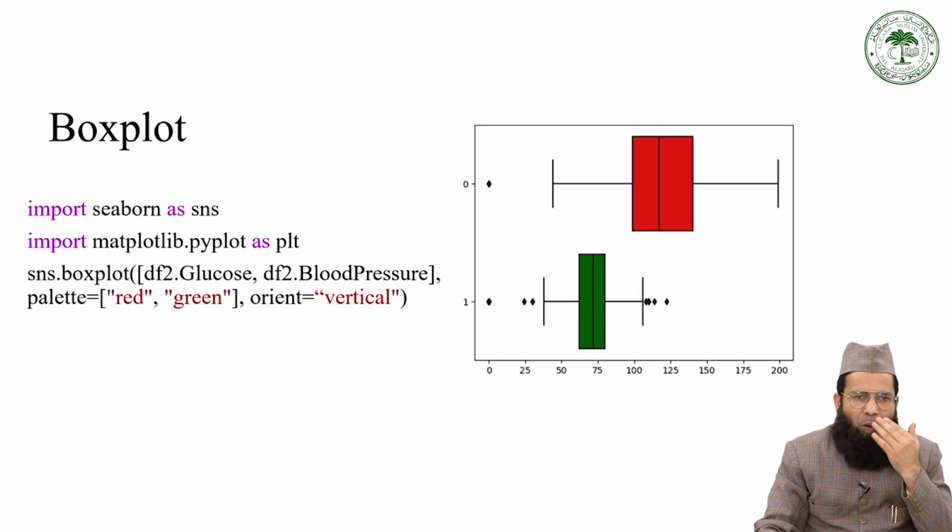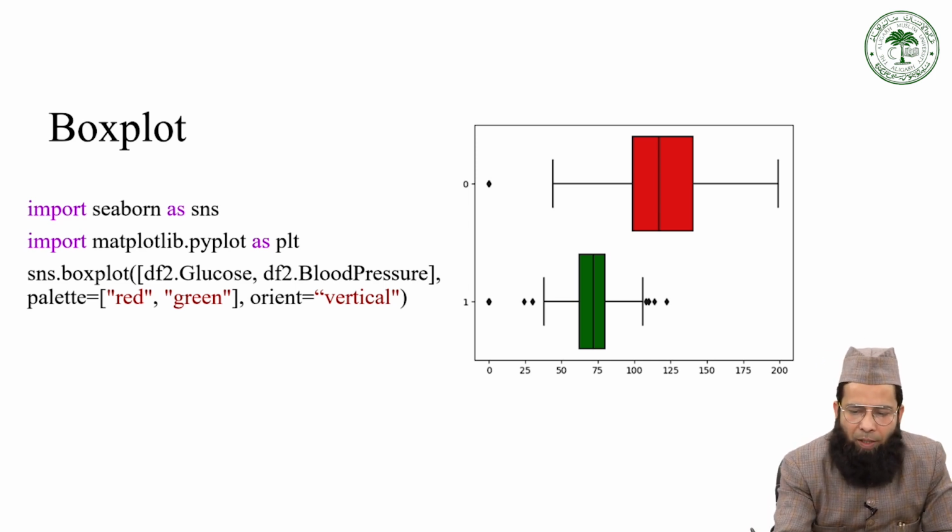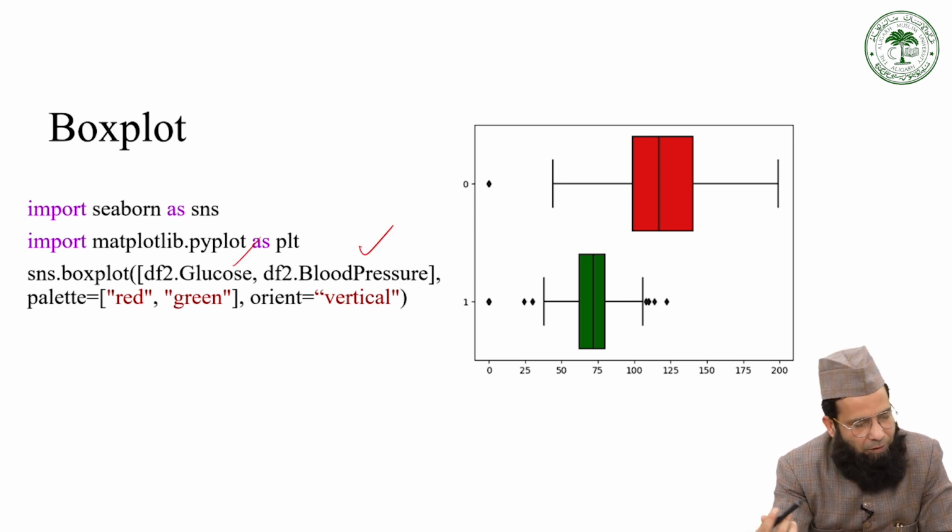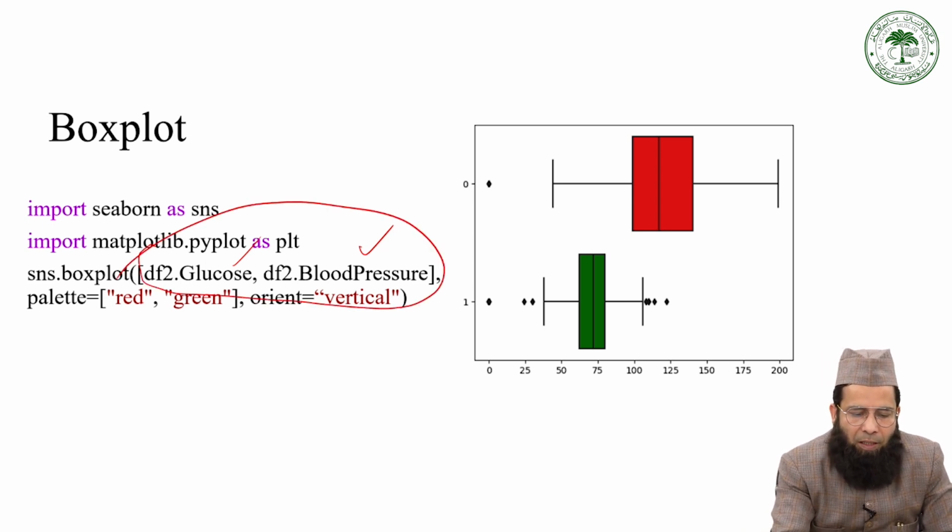So how to plot a box plot? We can utilize the Seaborn library for that purpose, and it's very simple. I'm plotting 2 different features, glucose and blood pressure. I can use a single feature as well. If you are using more than one feature, you need to provide them in the form of a list, like in this case.